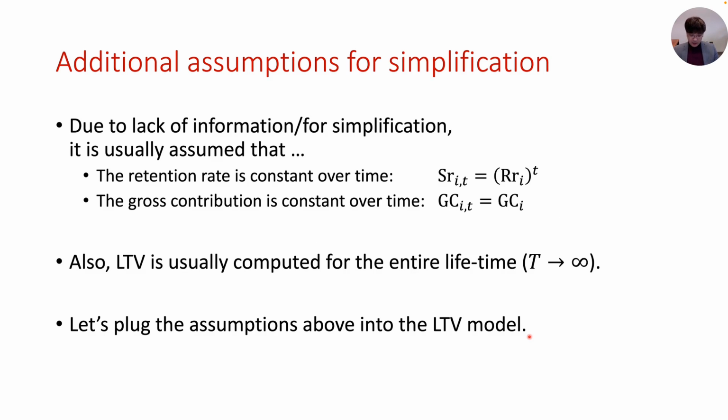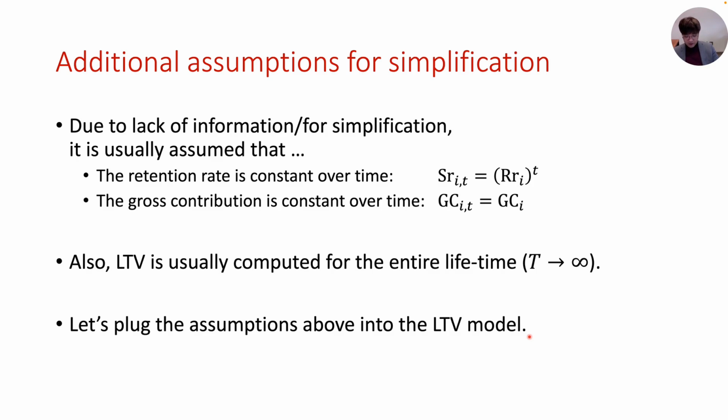Unlike PCB, all of the components in the calculation are expected values except the acquisition cost. We don't exactly know the survival rate in the future, gross contributions in the future, and the discount factor in the future.